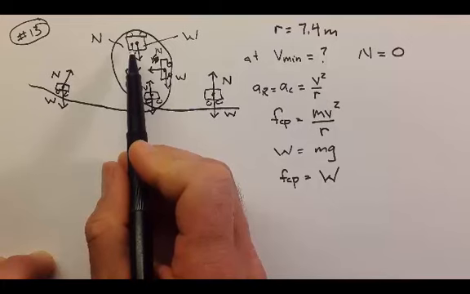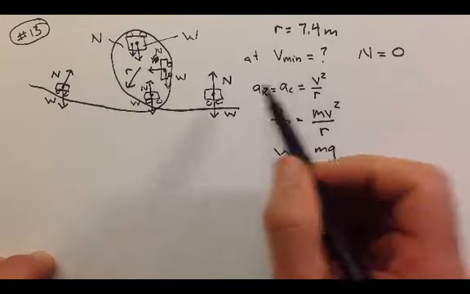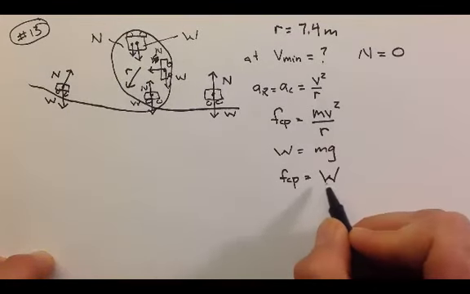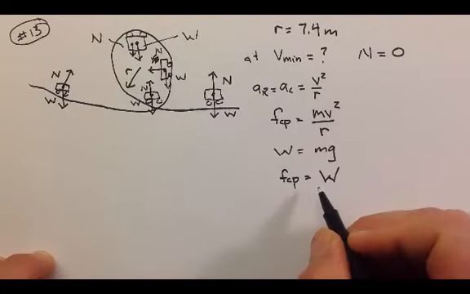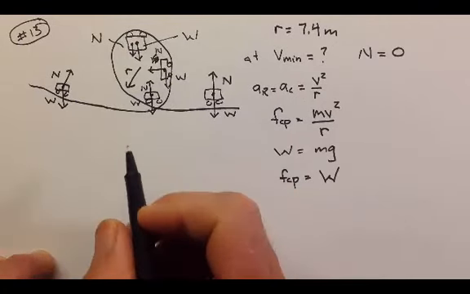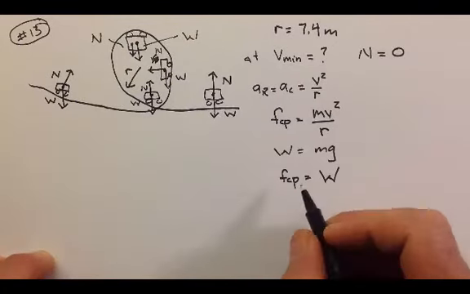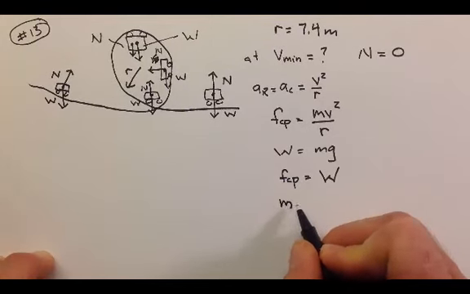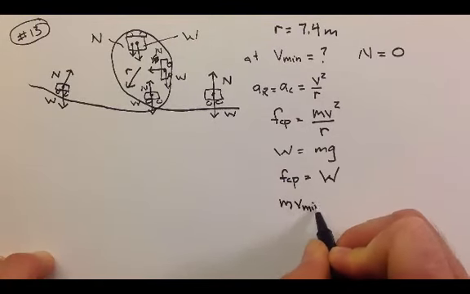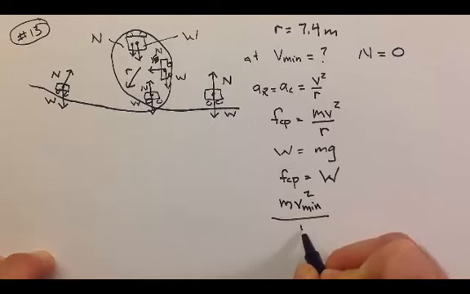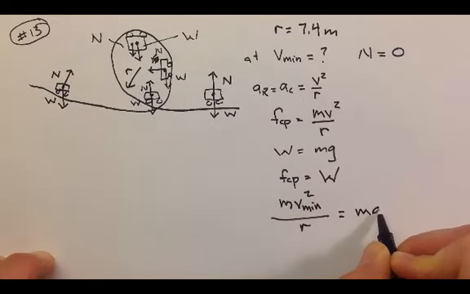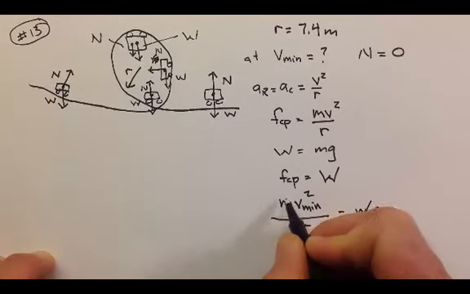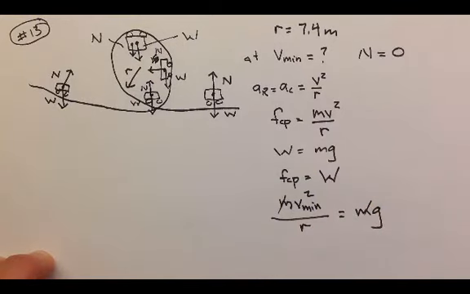That is, the normal force is 0, and so the centripetal force is being provided by the weight. So that's the tough part here, is realizing that. Once you do that, the algebra isn't too bad, right? And as a matter of fact, the mass of the car even cancels out here, so we don't even need to know the mass of the car.